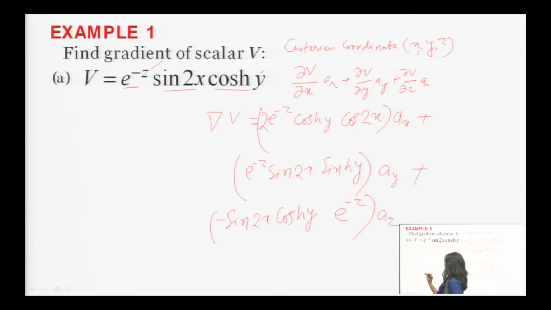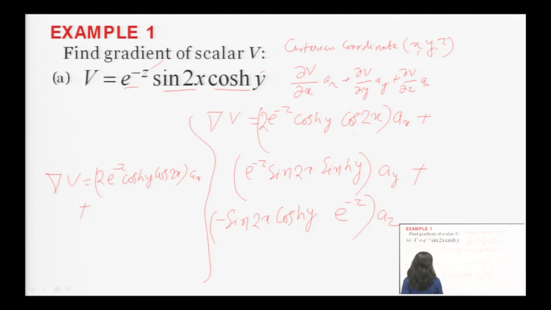We can simplify it and write del V equal to 2 e to the power minus z cosh y cos 2x ax plus e to the power minus z sin 2x sinh y ay, and minus sin 2x cosh y e to the power minus z multiplied by az.